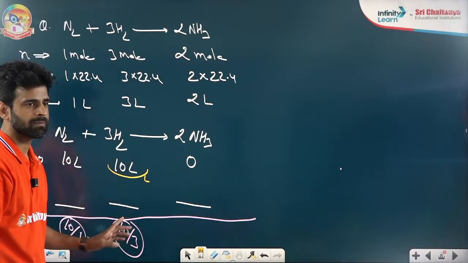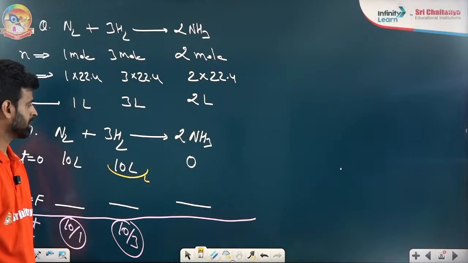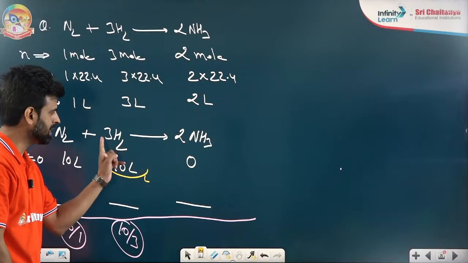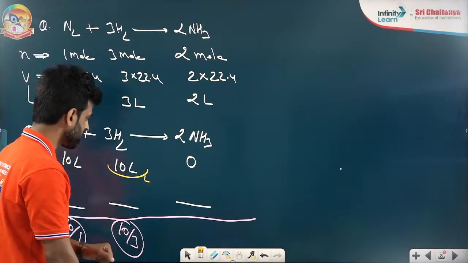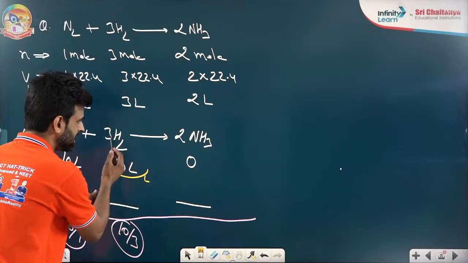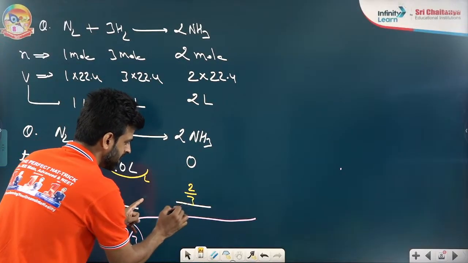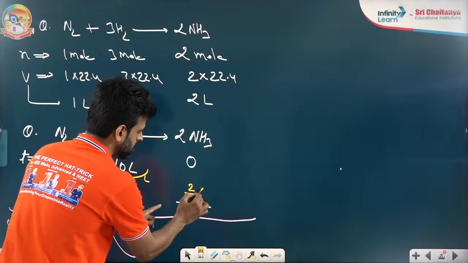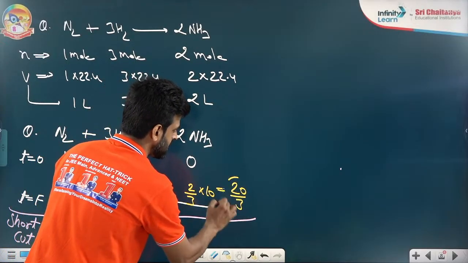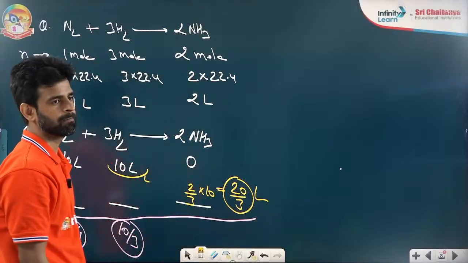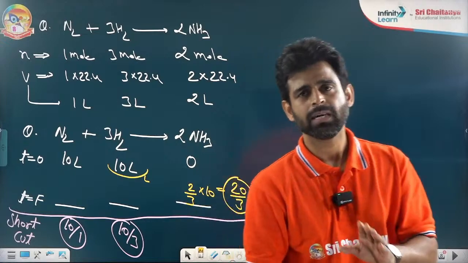H2 is coming as limiting. 3 liter of H2 gives 2 liter of ammonia. So 1 gives 2 by 3, and 10 gives 10 into 2 by 3. Finally, we get 20 by 3 liter of ammonia.